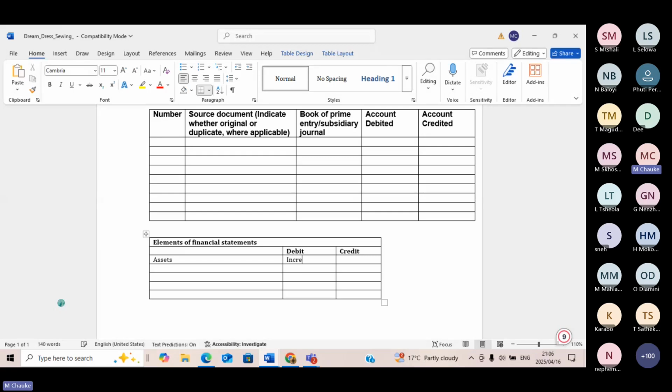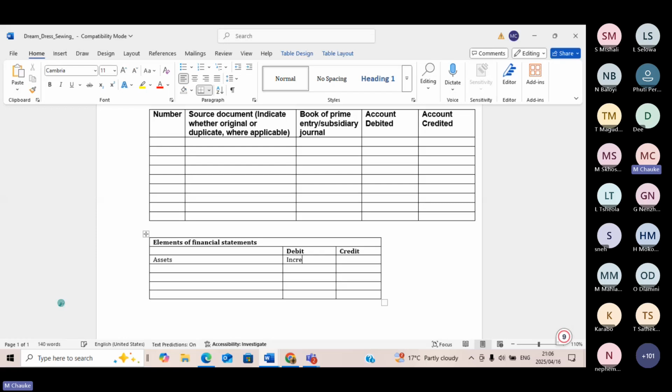Of which I'm just going to put a bracket there and say plus. And then they decrease on the credit side. That is how we identify increase, decrease, debit, and credit.